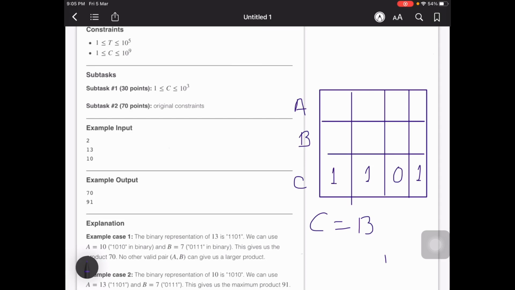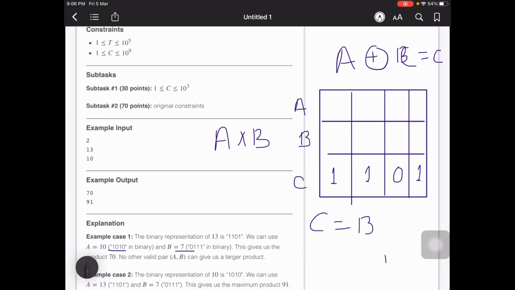Now, like I said, I have to choose a and b in such a way that the XOR of a and b becomes c, and also a multiplied by b becomes maximum. I can choose it in a lot of ways, but here there are two such values, 10 and 7.